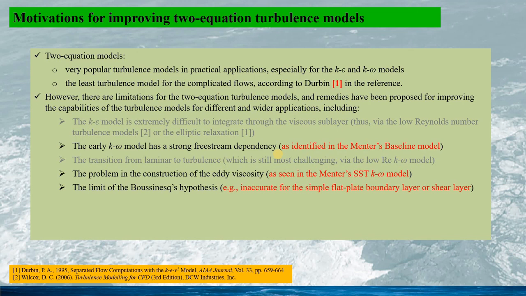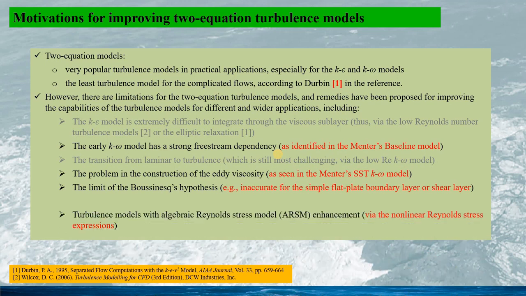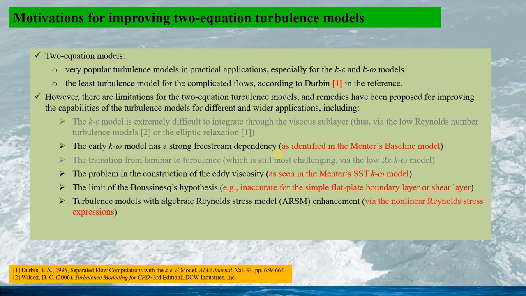There is also the limit of the Boussinesq hypothesis, which may be inaccurate for the simple flat plate boundary layer or shear layer. Turbulence models are enhanced with the algebraic Reynolds stress model via the nonlinear Reynolds stress expression. The talk includes the applications and the concluding remarks.